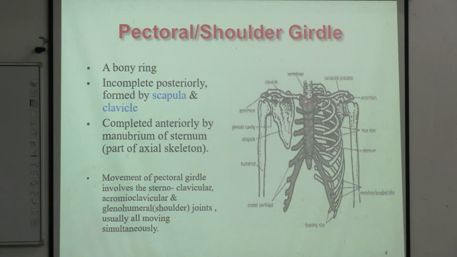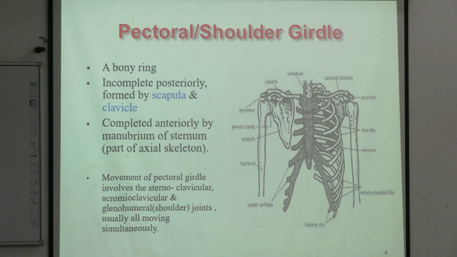The clavicle meets the sternum manubrium part, and the clavicle joins the acromion process of the scapula, and the humerus joins the scapula, holding the entire thing together and making this pectoral girdle region, which is a bony ring, but not greatly complete. Whereas the pelvic girdle is grossly more complete in terms of bony architecture.